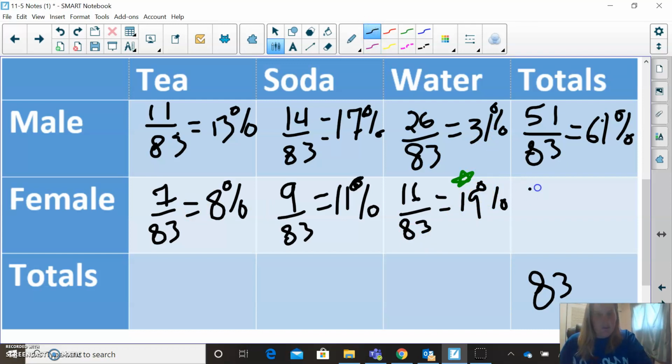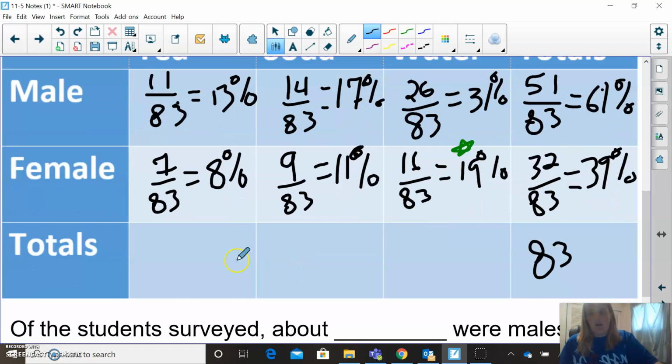Now let's do females. So 32 over 83, because we had 32 females that responded, and that's 39% of the population. And if you'll notice, 61 plus 39 is equal to 100, so that would be 100%. All right, let's just finish up the table.